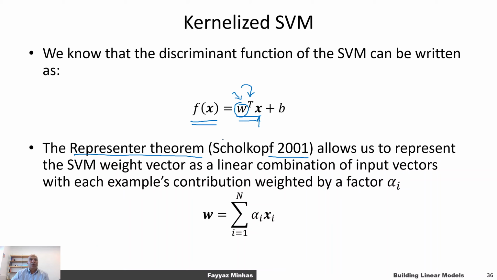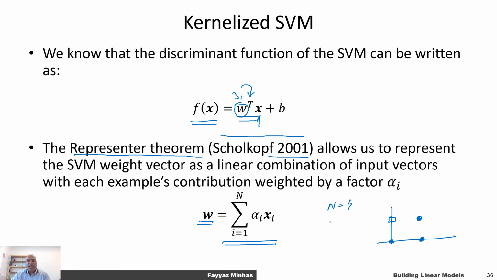But what Scholkopf showed in 2001 or earlier is that you can express this weight vector of a support vector machine, or any linear classifier, as a linear combination of the examples that you've been given. Let's say we have 4 examples, and we know the feature representation of each one of them.